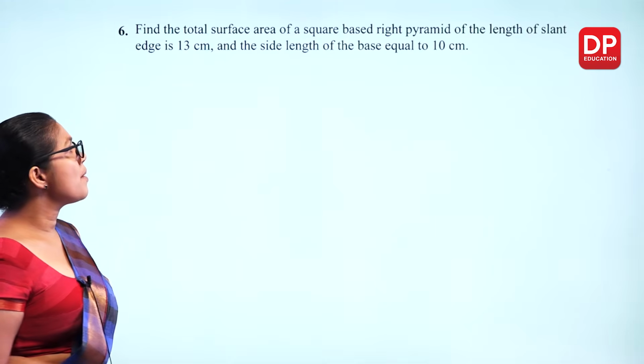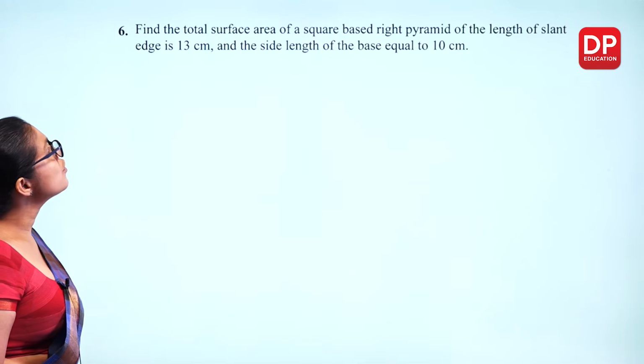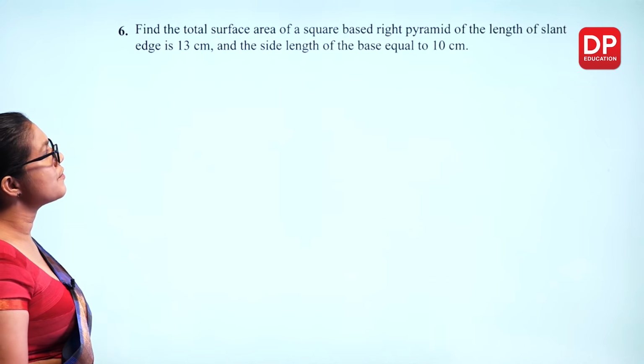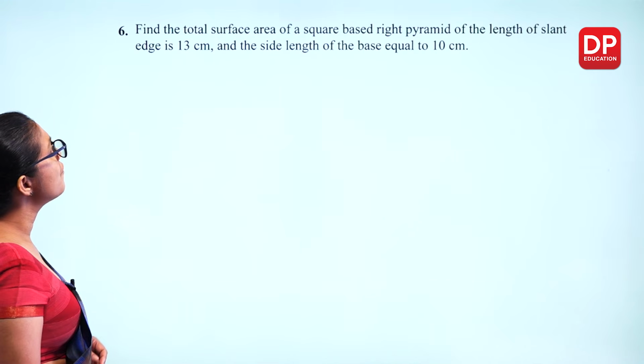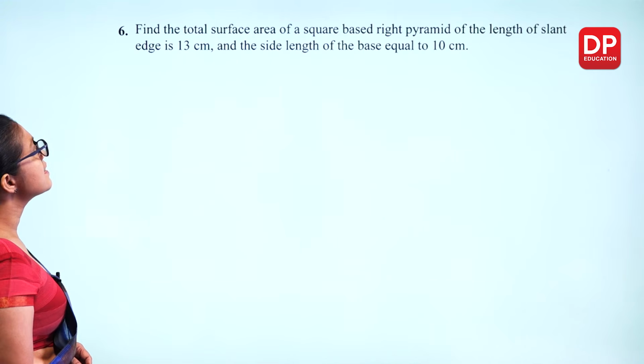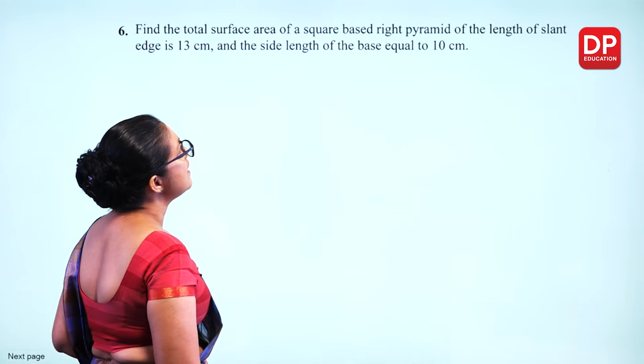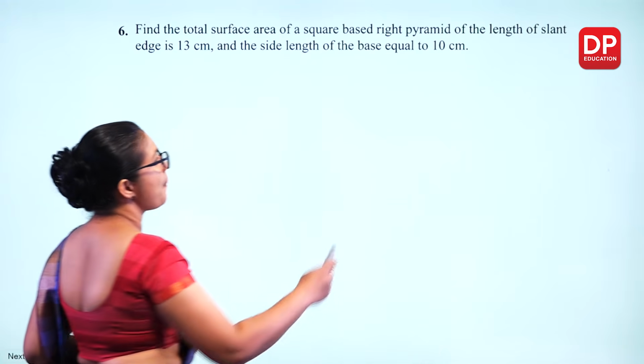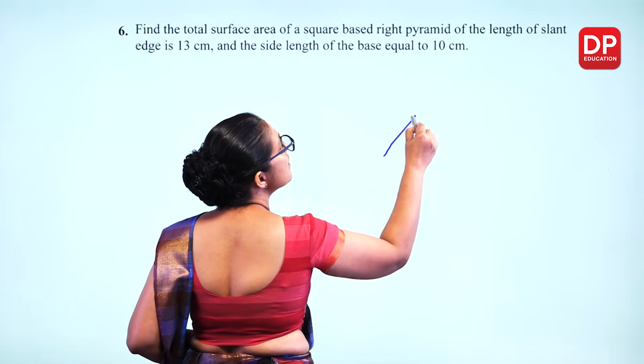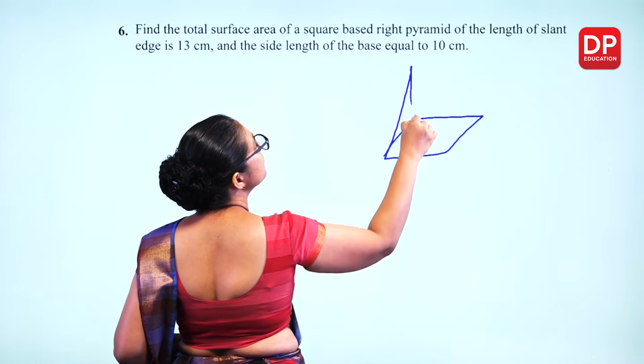Now we'll take question number 6. It says find the total surface area of a square base right pyramid if the length of the slant edge is 13 and the side length of the base is 10. So here when you draw the pyramid, what's given?